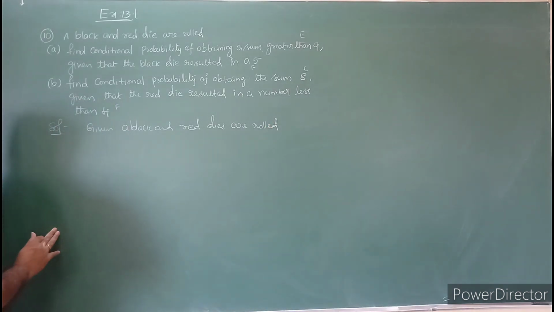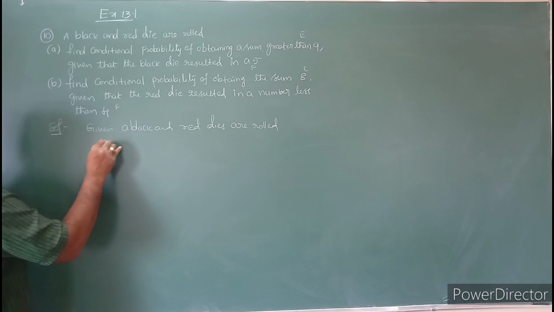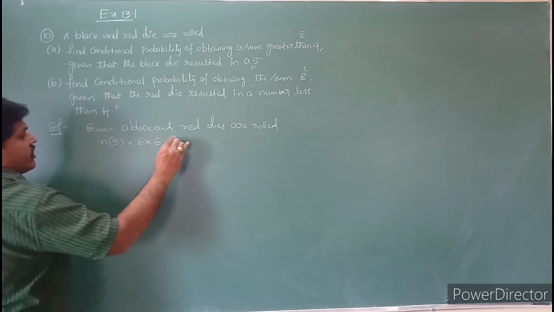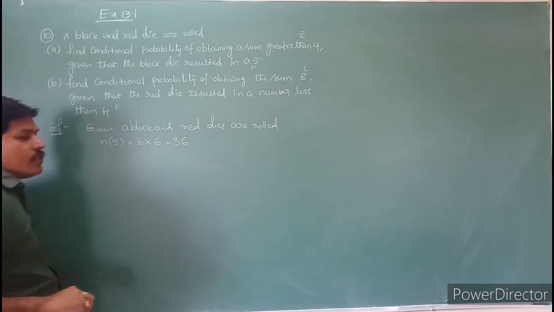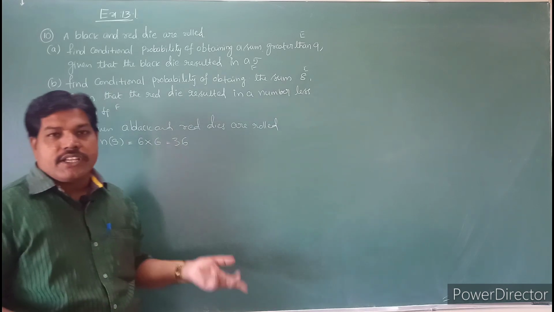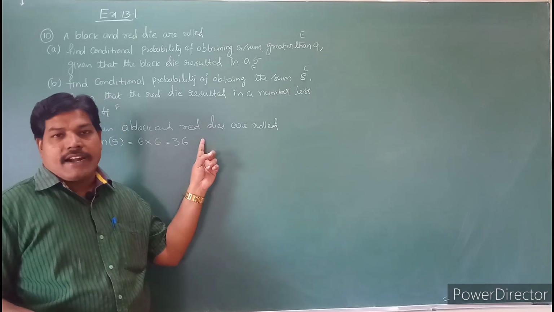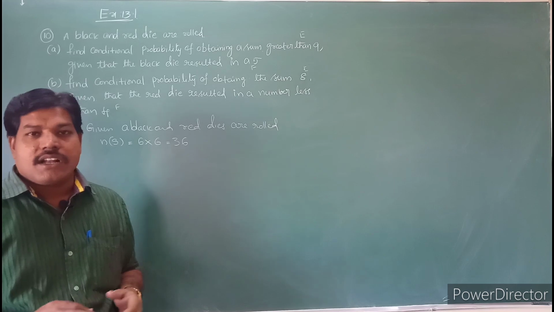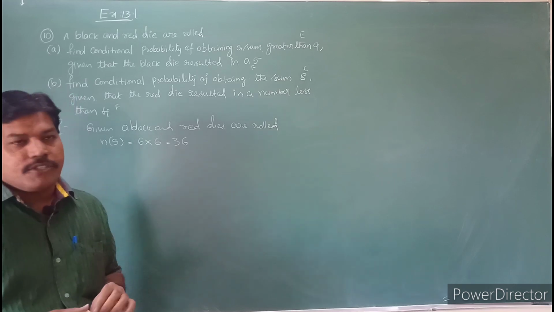That implies N of S. What is N of S, students? That is nothing but 6 into 6. So the total outcomes are 36 outcomes. The red die gives 6 and the black die gives 6. The total 6 by 6 is 36 outcomes, the total number of outcomes in the sample space.